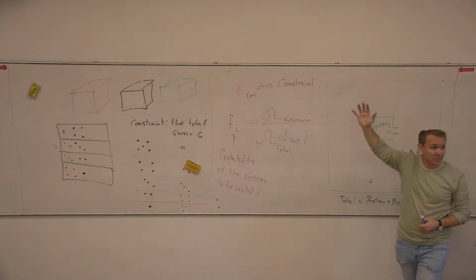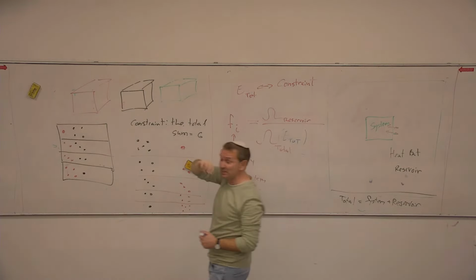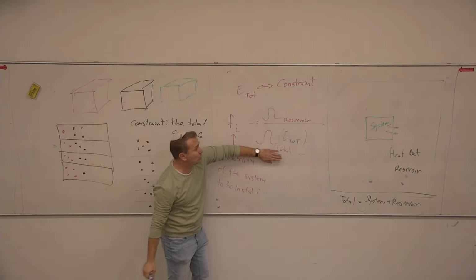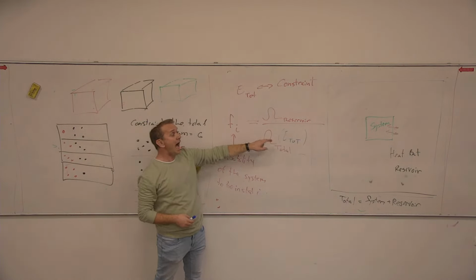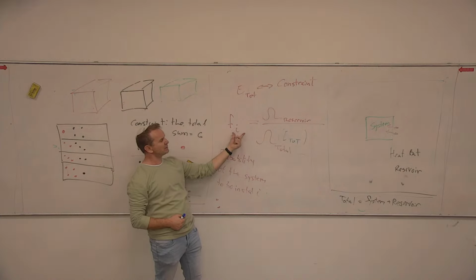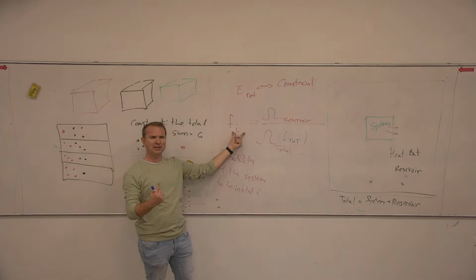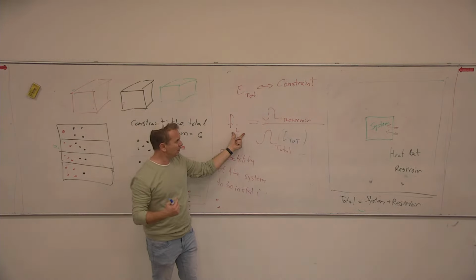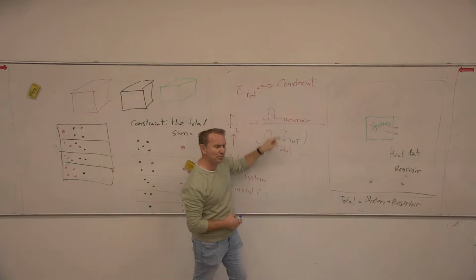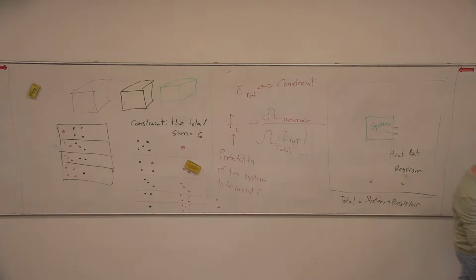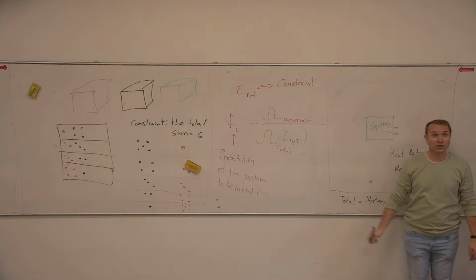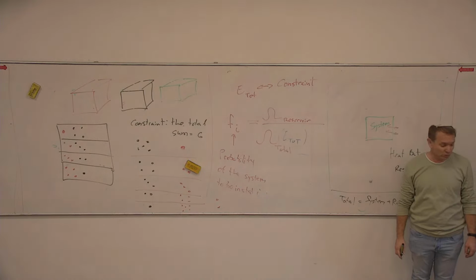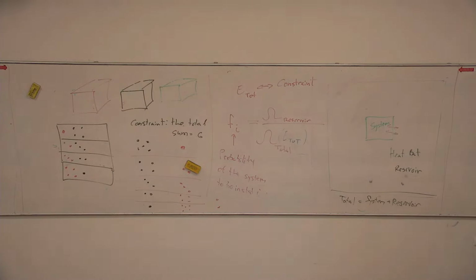Each of them has exactly the same probability. That's what I'm doing over here. For a given specific state of my system, how many different states are there? I have to compute the number of states for the reservoir. But if the total energy is E total, what is the energy of the reservoir?